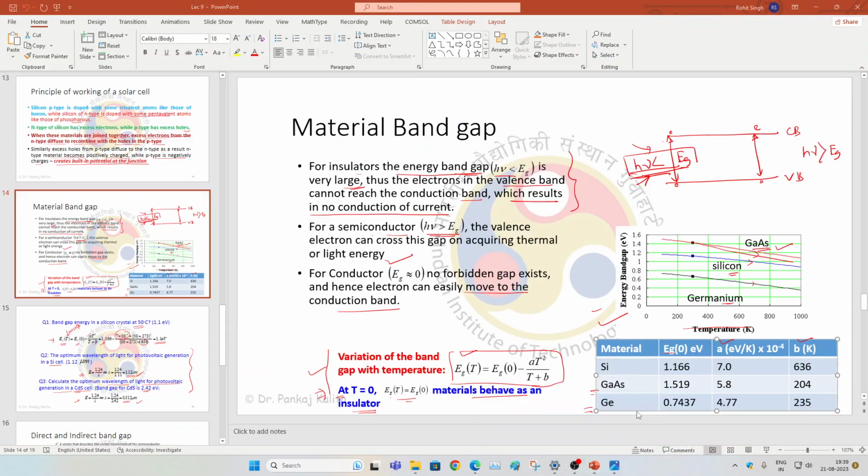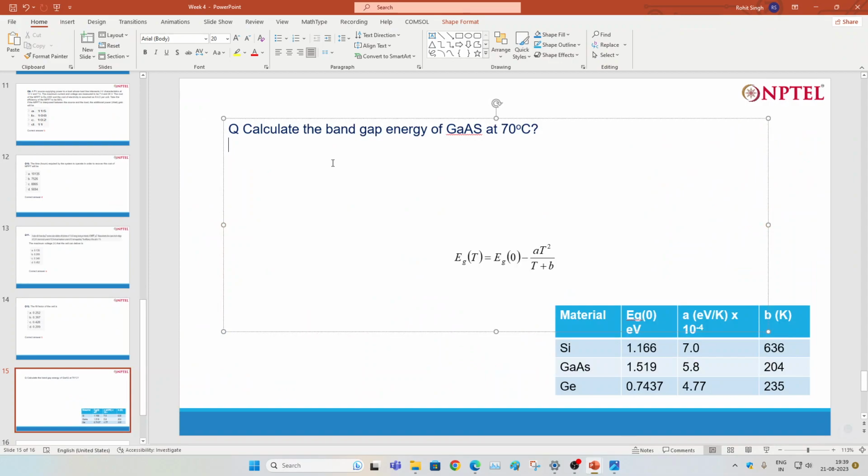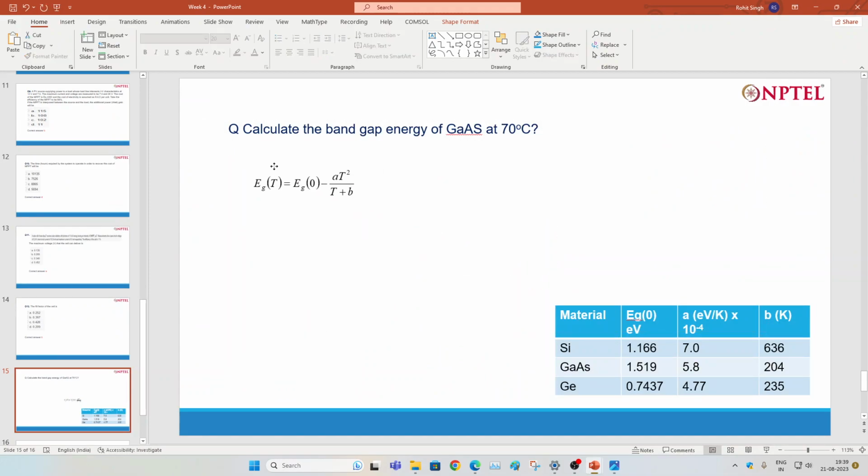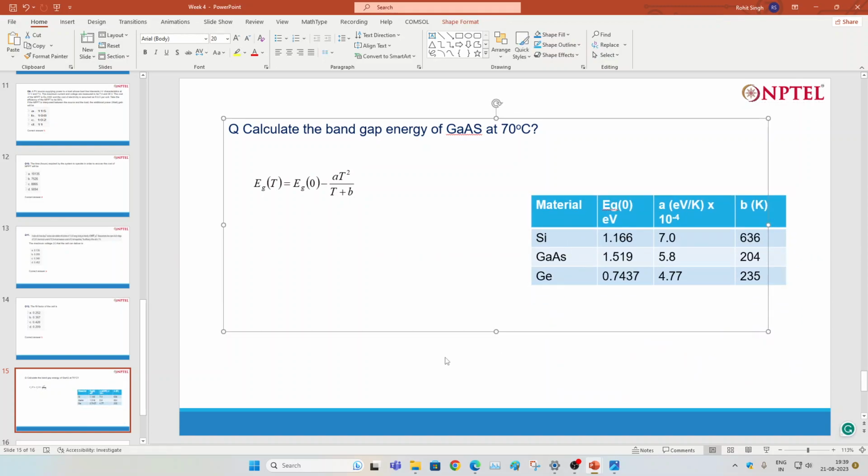Should I copy the formula? So let me copy this formula also. Now faster, solve this question fast.